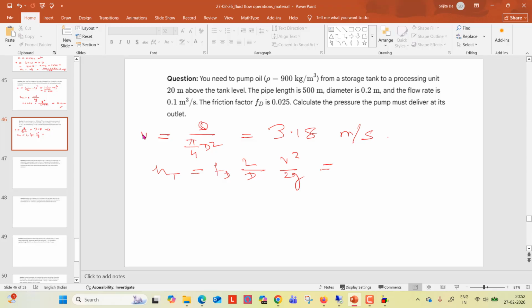It is coming as 32.21 meter, right? Now the total head will be this head HT plus delta Z, plus 20. It will be 52.21 meter. Okay.